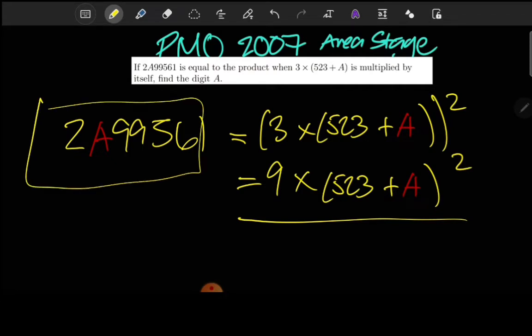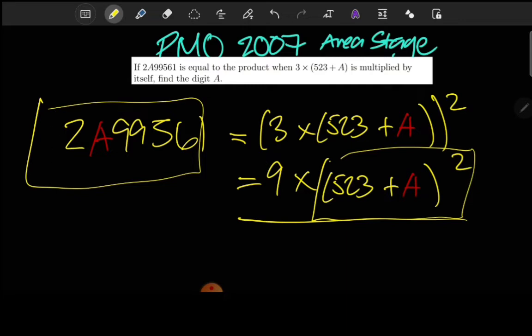So what are these two options? Either we take the modulo of this number by this number, or we do this number modulo 9.